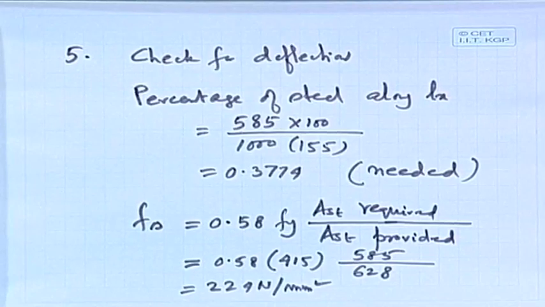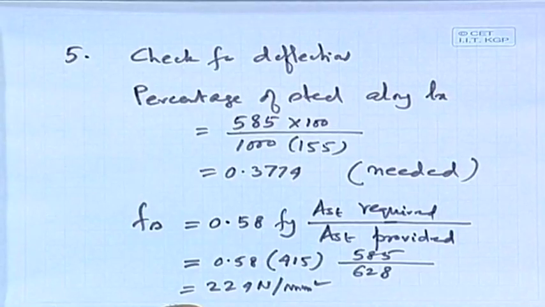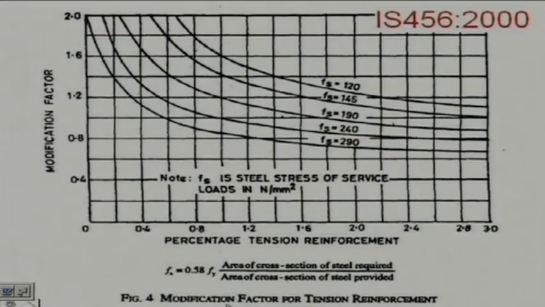Yes. So, I think we can show this which we are using, figure 4, modulation factor for tension reinforcement, and this is the formula we have to use for Fs, because that one will give you the guideline. We have got the percentage of steel 0.3774 somewhere here, and the 224, it means along this line.